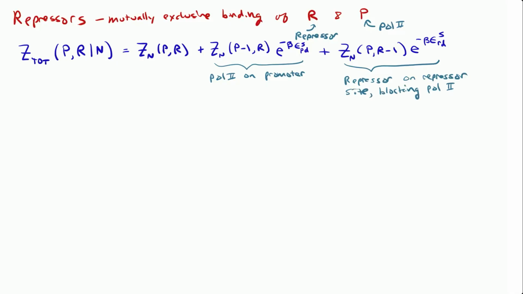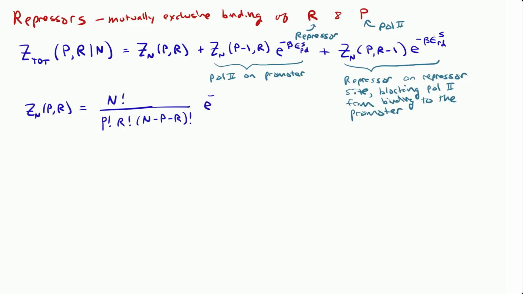If the polymerase is bound, it gets a specific energy of binding, and if the repressor is bound, it gets its own specific energy of binding. The partition function for nothing specifically bound has the usual combinatorial factor and a nonspecific binding energy, E_NS, which has the usual form that we've seen before, but now with P and R binding.